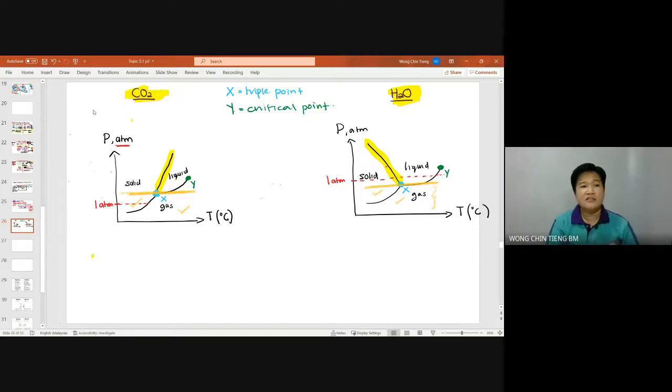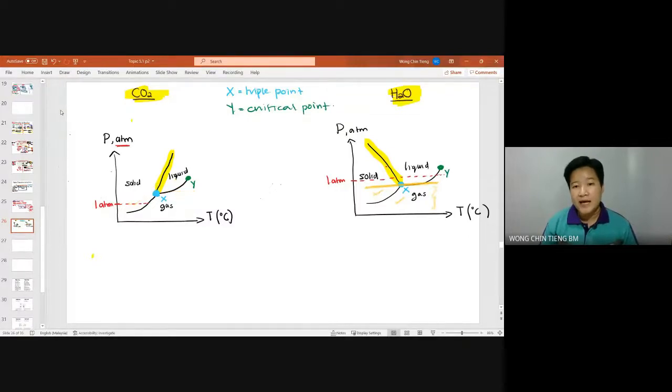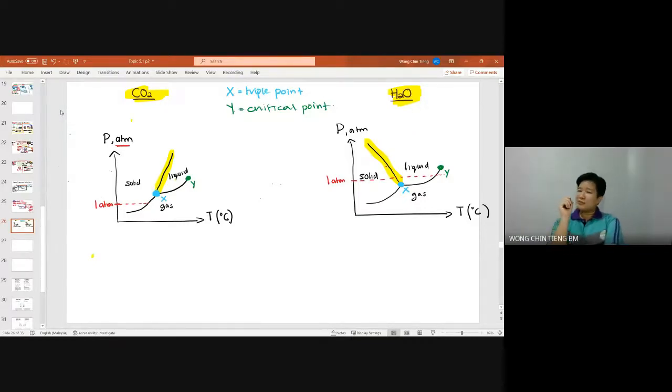Okay, first thing. After you realize that, my question is, why does 1 ATM in carbon dioxide need to be lower than the triple point? Adila, you can rest. Anybody else? Jiha already answered earlier, you can rest. We wait. CO2 can only have solid or gas at any temperature. At any temperature. That sentence is right.